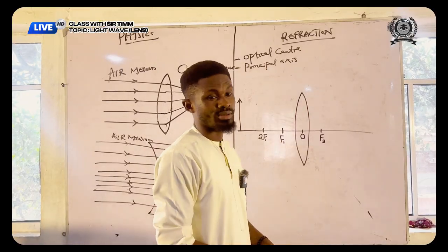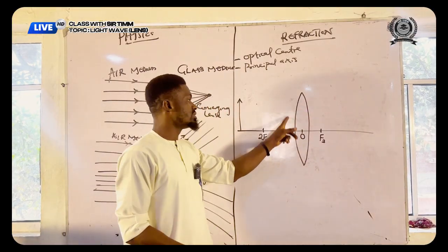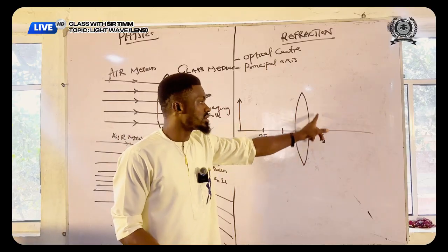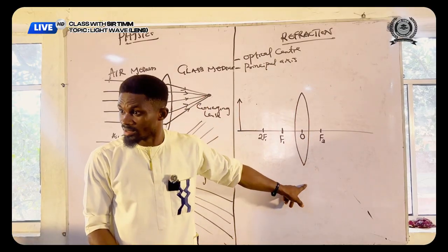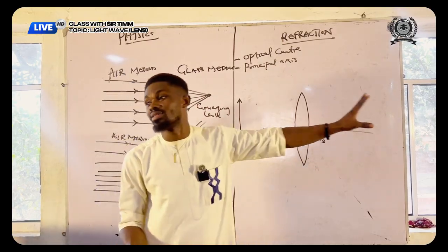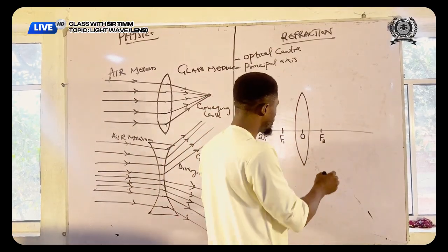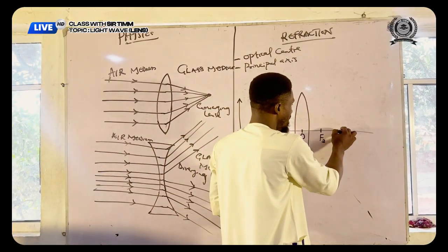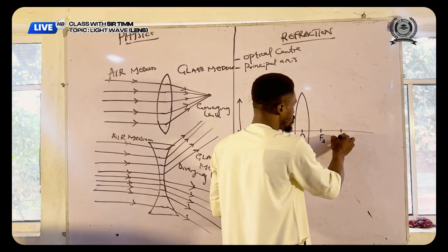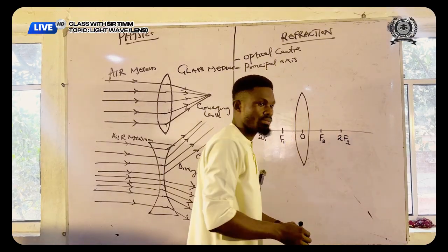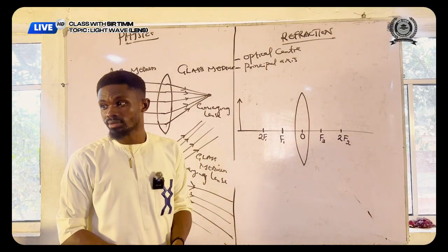Why is it like that? Look at the board. This is a reflective surface. What we have here, we're going to have there. Simple. So from here to here, I will measure 2 centimeters, which is 2F2.